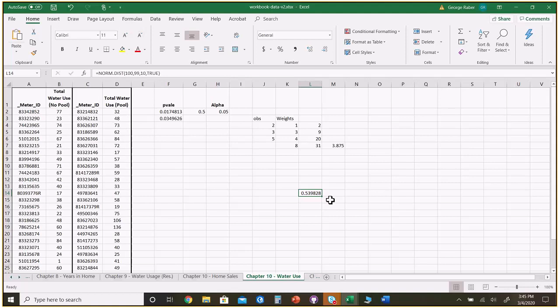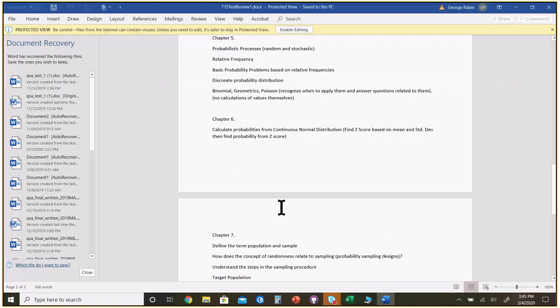But if I said, what's the probability of getting 100 inches or more, I would need to know to subtract that and get it from the right side over. Okay. And you could do that here in Excel, or you could do it from the tables. I think it's a little easier to do in Excel. But if you did it from the tables, you would use the formula.